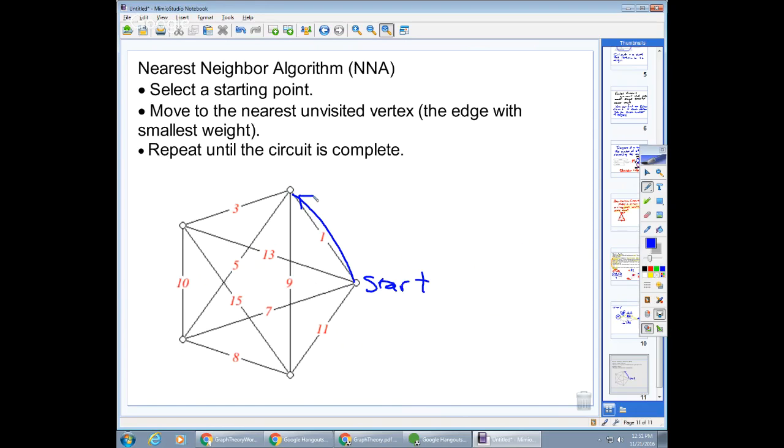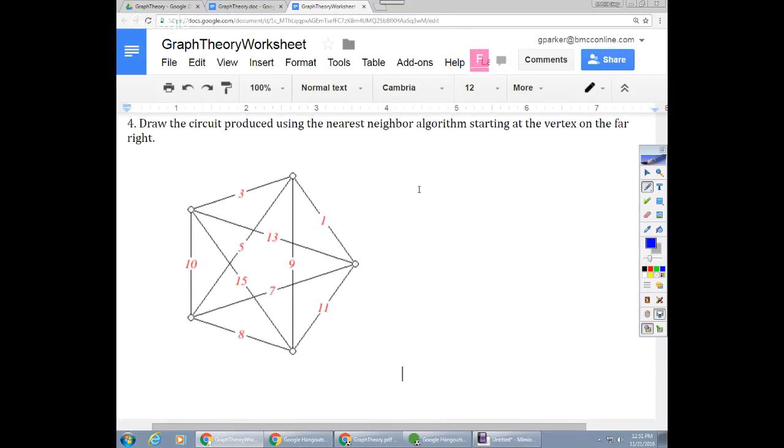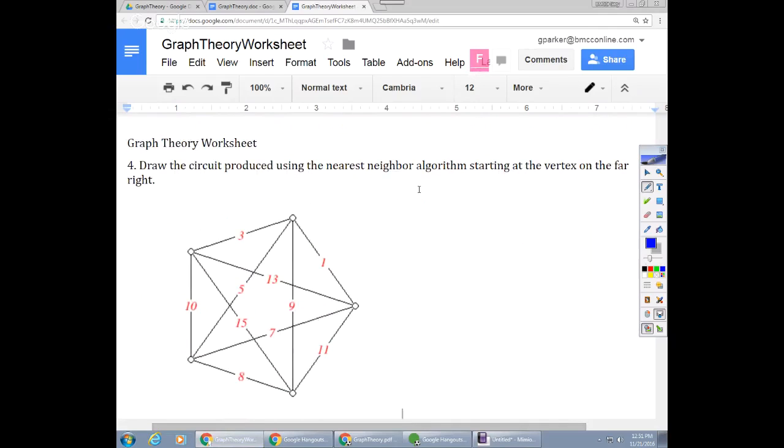So from there, who has the next lowest weight? Actually, I should label these. Do they come with labels? No. My labels are missing.